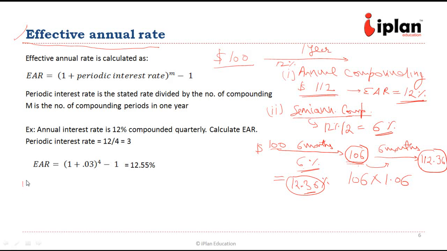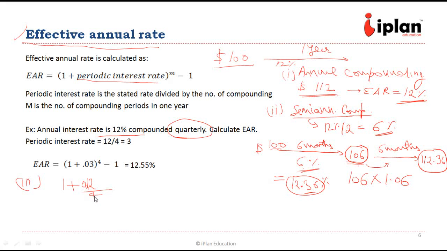Similarly, take another case. If we are doing quarterly compounding, that means 4 times a year. So in simple terms, the formula will become 1 plus the periodic interest rate, that is 12%. If we are doing quarterly, there will be 4 quarters in that period.